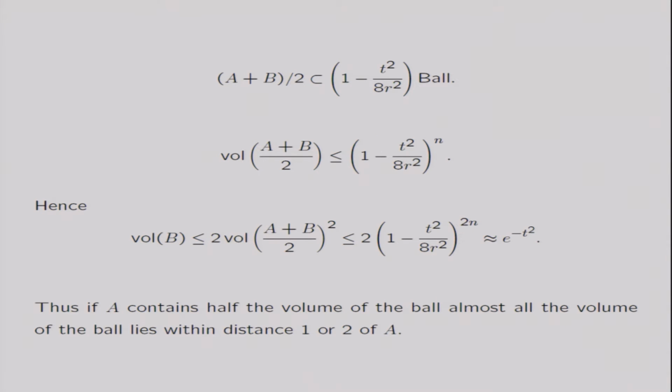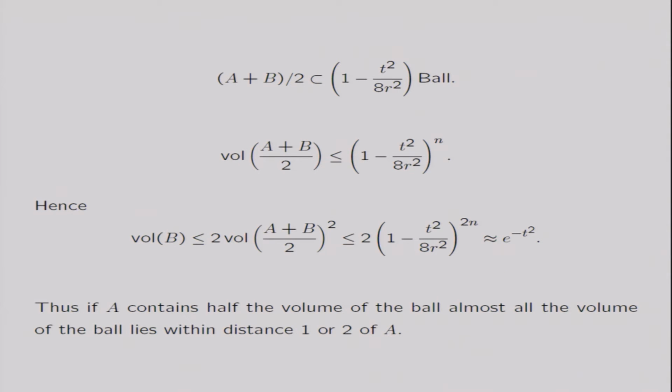It's actually the volume of (A+B)/2 squared, because if you remember there was a square root in the Brunn-Minkowski. So we take the 2n-th power of this factor, and it gives us something like e to the minus t squared, because again, this r squared is n, and we've got power n. So that means you take a set of size 1/2 in the ball, you move distance t, what's left is very small, at least if t is 5 or 6 or 10 or whatever.